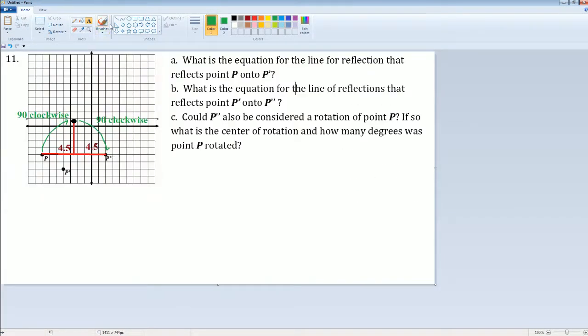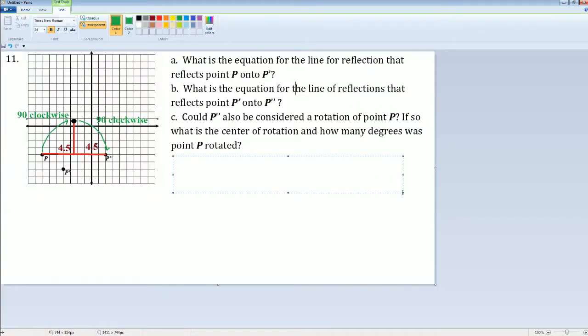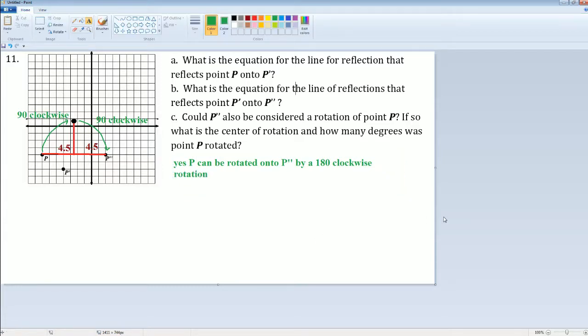Yes, so we would say P can be rotated onto P double prime by a 180-degree clockwise rotation. Okay, there you go. That would be your valid answer for 11.